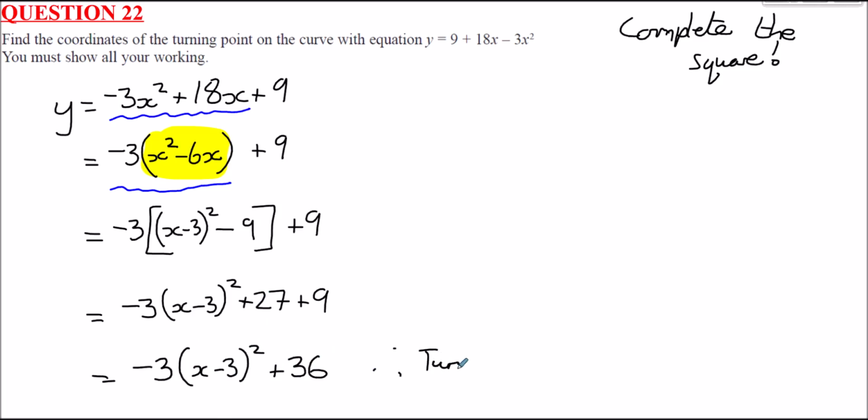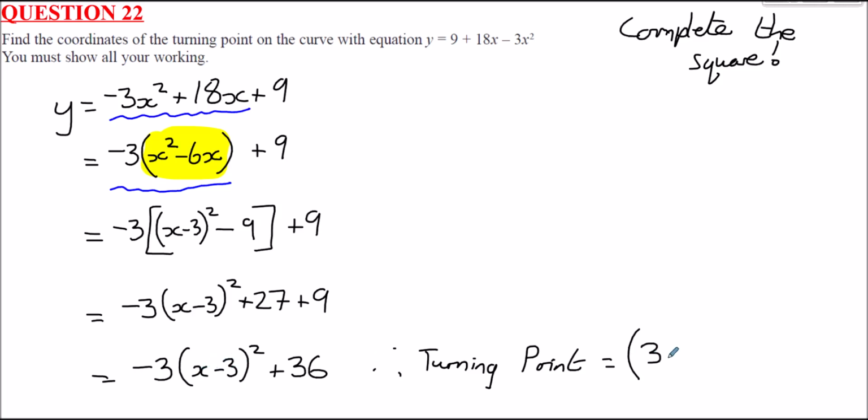Now, the numbers here tell us what the turning point is. So the x-coordinate at the turning point is this value inside the x bracket with its sign switched. So instead of minus 3, we put plus 3. The turning point is when this here is minimized. The minimum value of this bracket is 0, this bracket is 0 and x is 3.